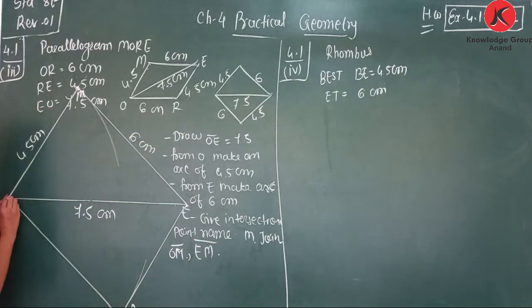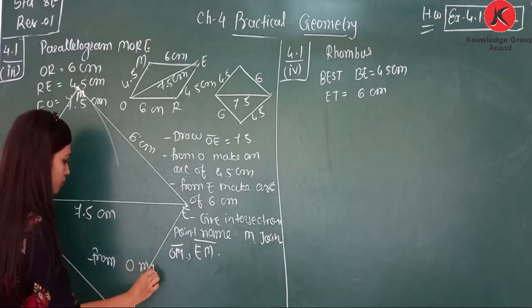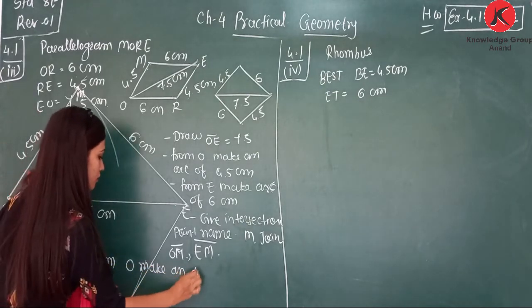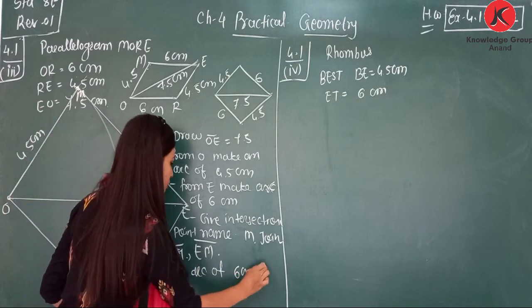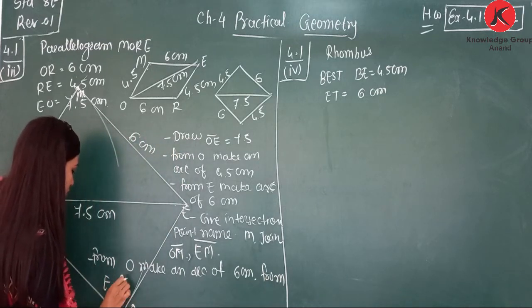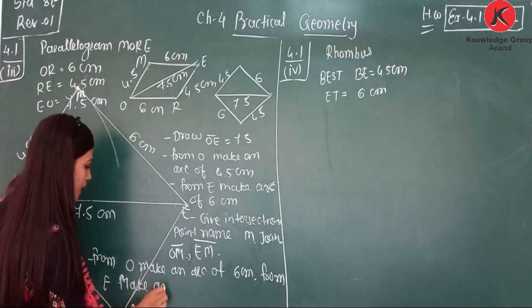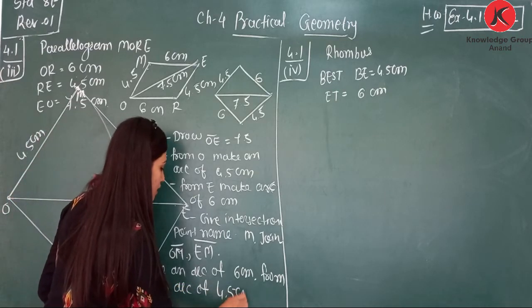Same, from O, make an arc of 6 centimeter. From E, make an arc of 4.5 centimeter.